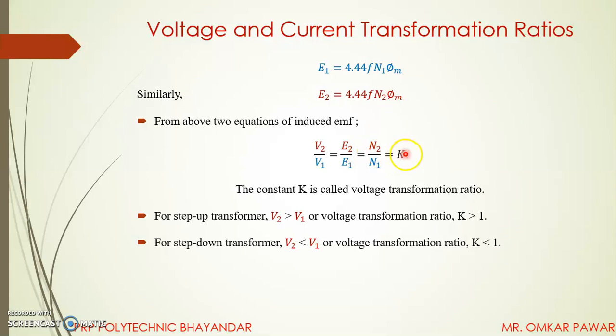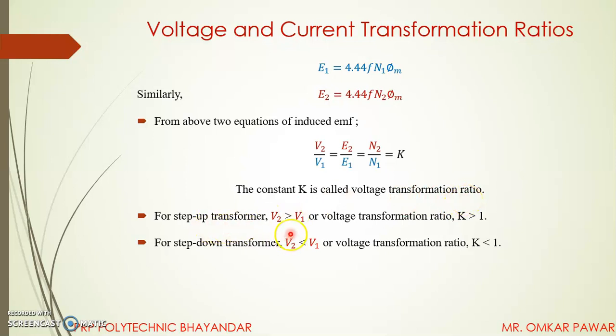We take that relation as K. As in an ideal transformer E2 is equal to V2 and E1 is equal to V1, we can write V2 by V1 is equal to E2 by E1 is equal to N2 by N1 is equal to K. So the constant K is called the voltage transformation ratio.